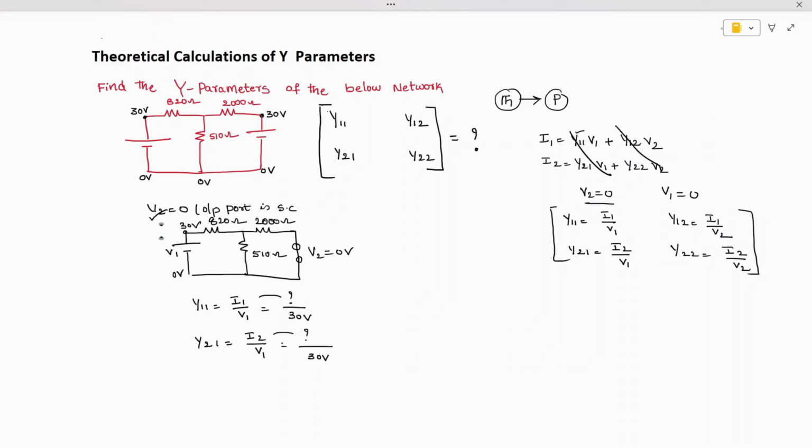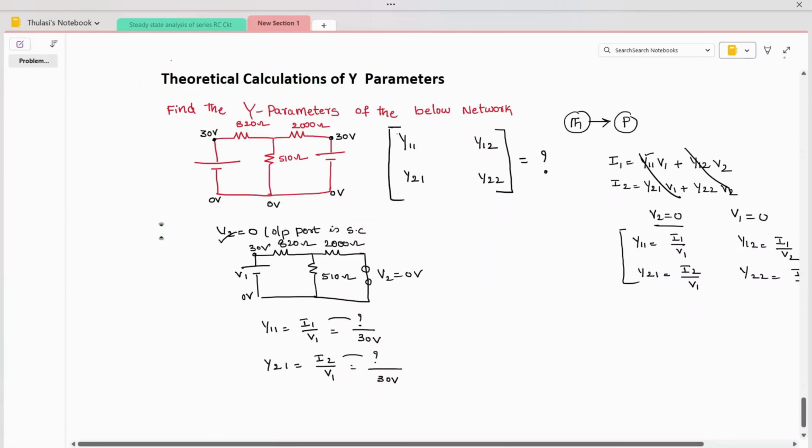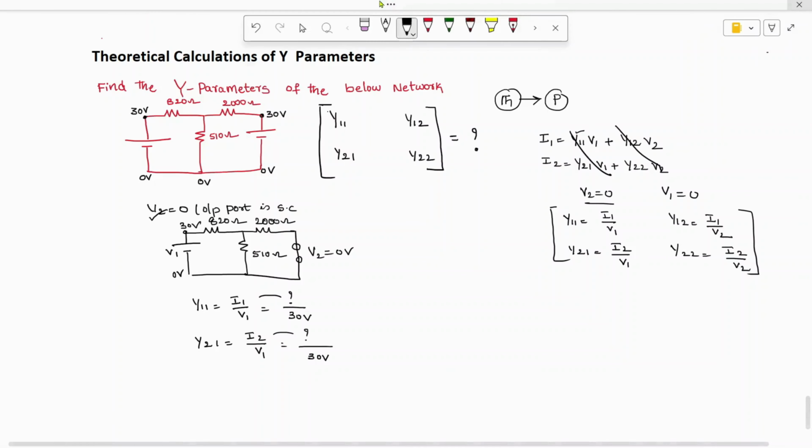How to find this is very simple. Let us mark the currents. Let's mark this node as some Vx, and for simpler analysis I am assuming the current I1, the current in this branch as I2, and the current in this branch as some Ix.